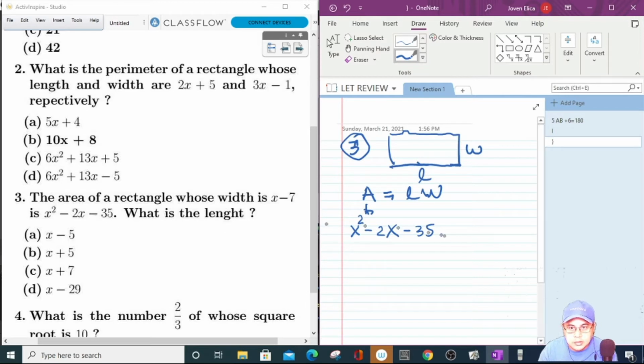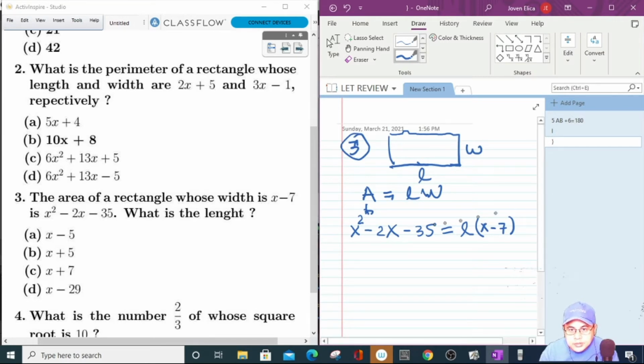This is the given area, which is equal to L multiplied by the width of the rectangle, which is x minus 7. Okay, so this is multiplication. Or we can just simply put L multiplied by x minus 7, right? What is the length?